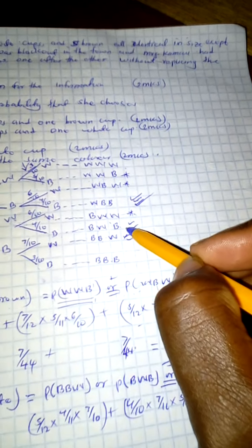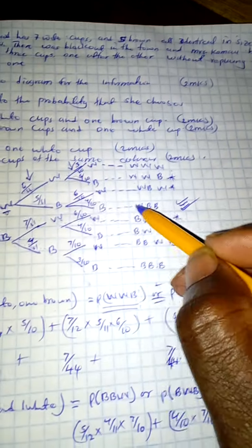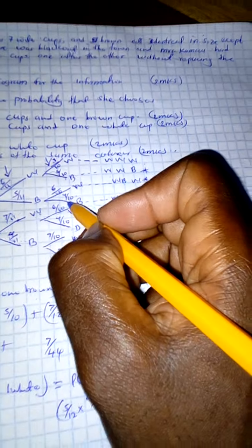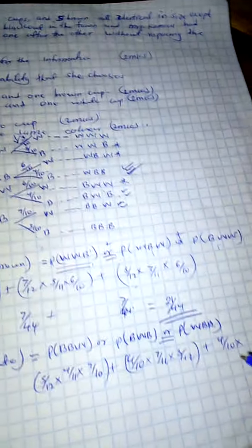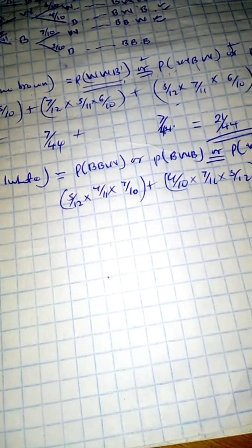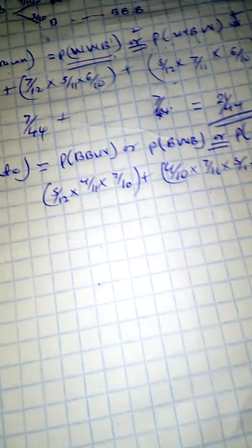The next one is now WBB here, which starts with 4 over 10 times 5 over 11 times 7 over 12. Now you calculate that.